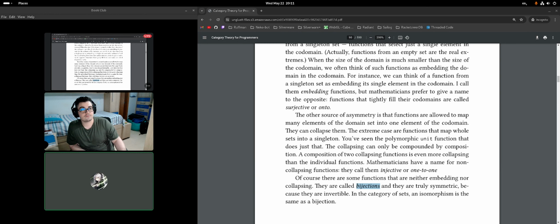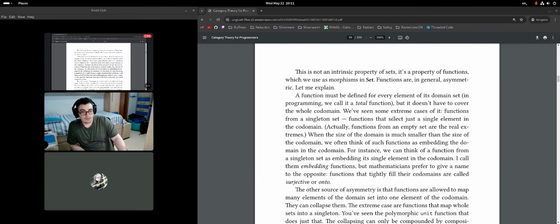If you're dealing with relations or other kinds of arrows that are not functions, that may or may not be the case, but for functions, it is an isomorphism. It's basically a function that you can reverse and get back the original thing. So functions in general are not symmetric.